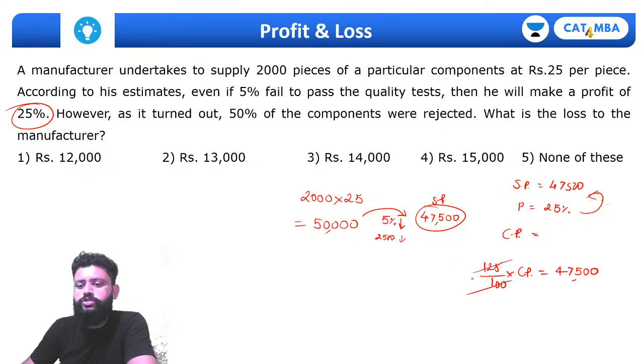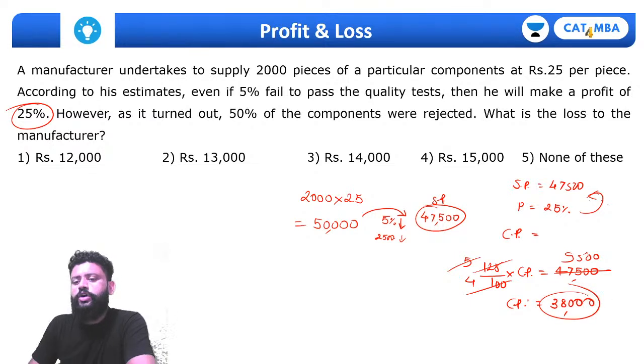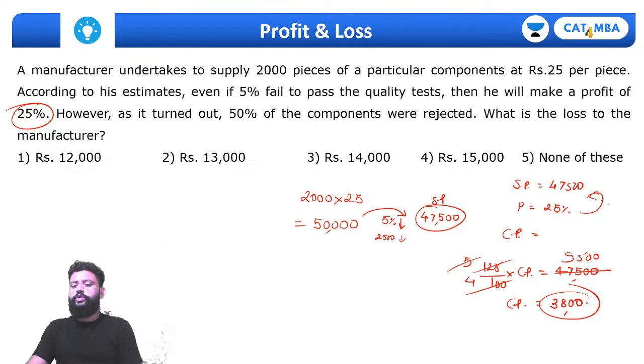Right? So if I want to do the calculation part, it's simply 5 by 4. If you divide it by 5, 5 9s are 45, so 9,500 into 4, that comes out to be 38,000. Okay, so 38,000 हो गया उसका cost price, actual जो spend कर रहा है.